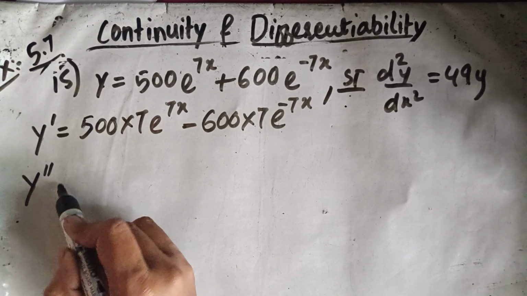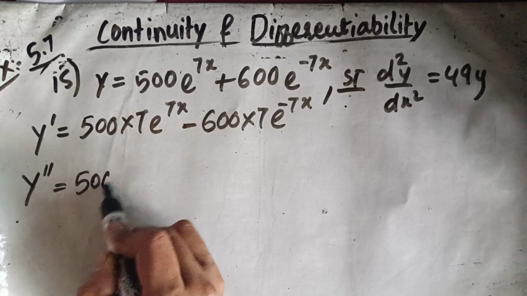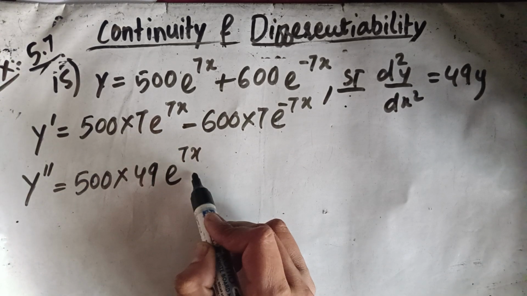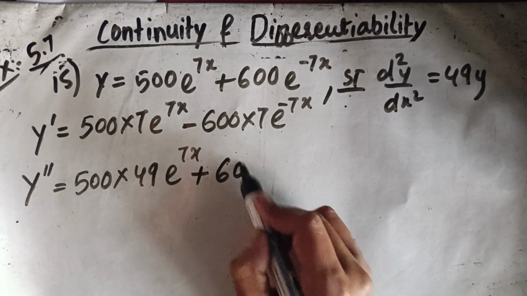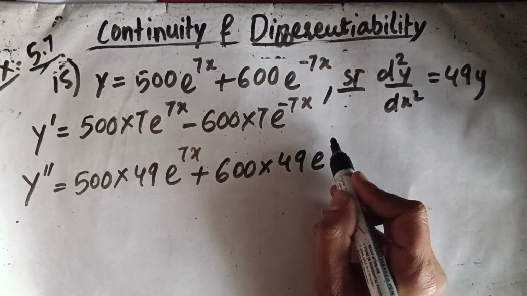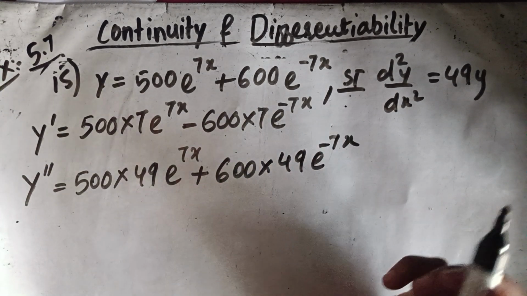Then y double dash is 500 into 49 e raised to 7x plus 600 into 49 e raised to minus 7x.